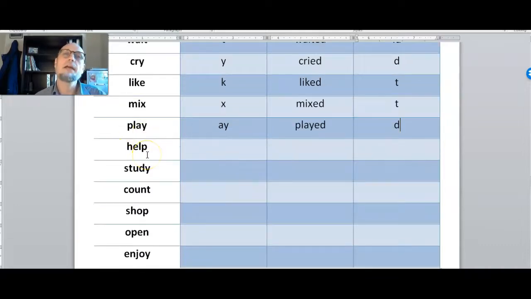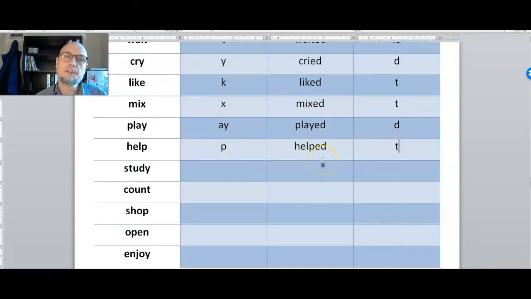Here's another verb. Help. The last sound is p. So p is unvoiced. Unvoiced goes with t.